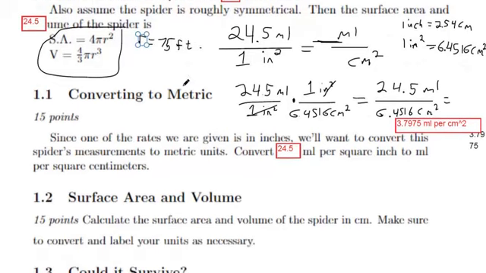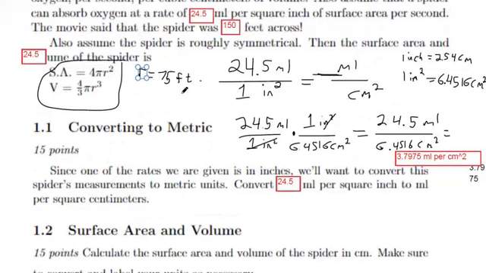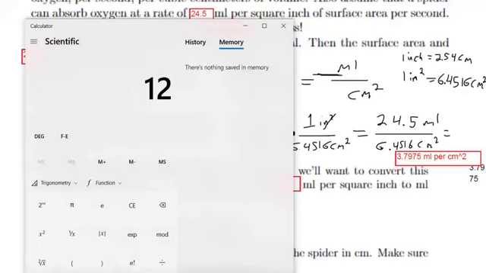But that's in feet. We're supposed to calculate the surface area and volume using centimeters. I don't know off the top of my head how many centimeters are in a foot, so I'm going to convert it by saying there's 75 feet and there's 12 inches per foot. That's 900 inches.